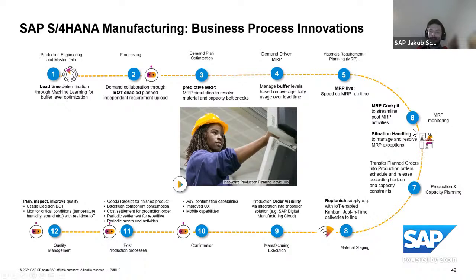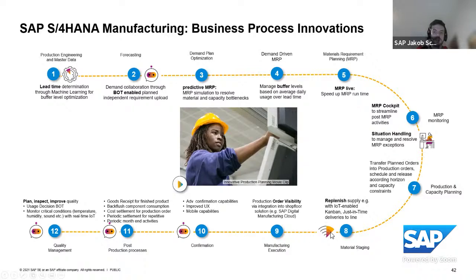And that can, for example, be applied in the context of the MRP cockpit. So imagine a purchase order has been changed manually, then you as a material planner get a notification in form of a situation handling notification, where you then exactly see what has happened and what this means for my material requirements planning.